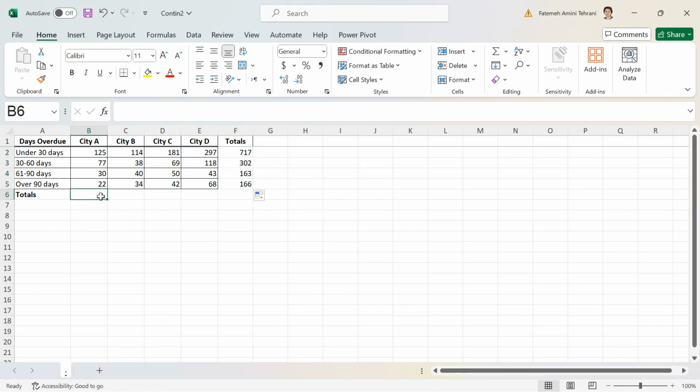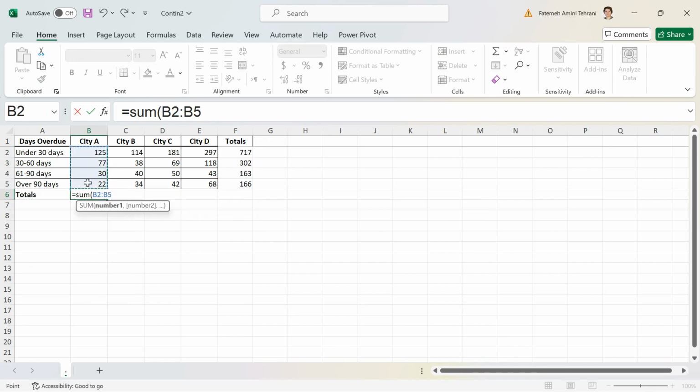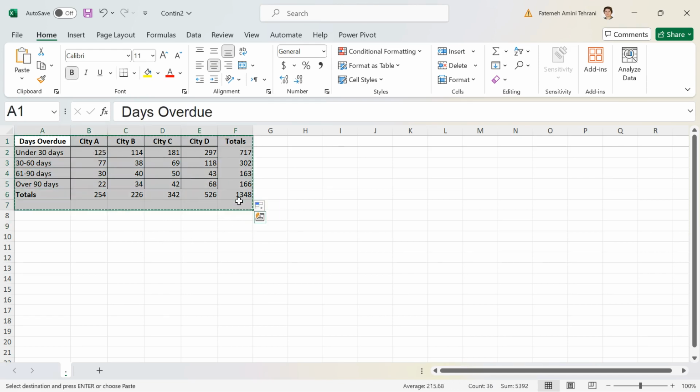Now I'm going to find the sum for each column also, and then copy that for the other columns. Now look at here. I have a contingency table with the totals added. Now I'm going to make a copy of this one to make the joint probabilities.